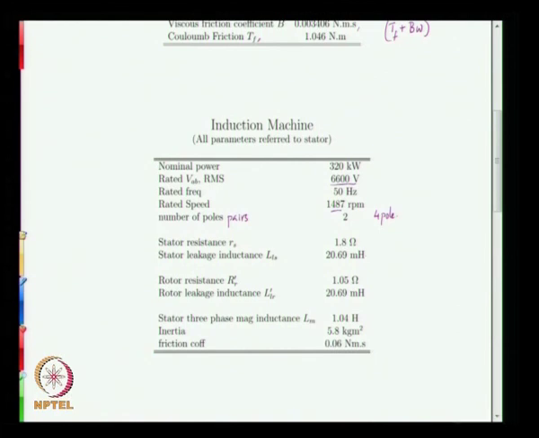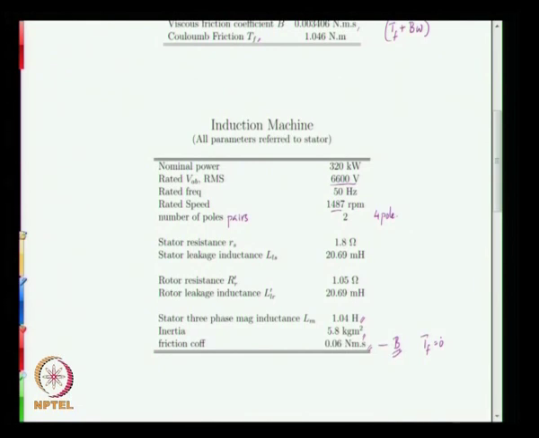Stator resistance, leakage inductance, rotor resistance, leakage inductance all referred to stator, and then the 3 phase magnetizing inductance, this is really 3 by 2 times your magnetizing inductance per phase. Inertia is also given and friction coefficient is given. This friction coefficient refers to the value of B. In this case one can assume Tf to be 0.